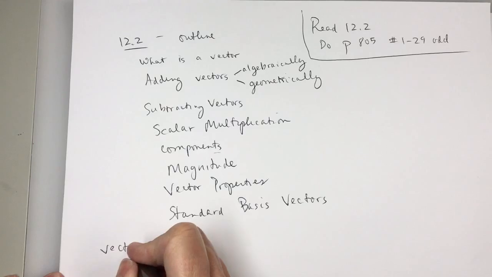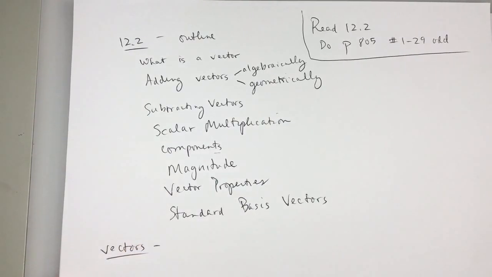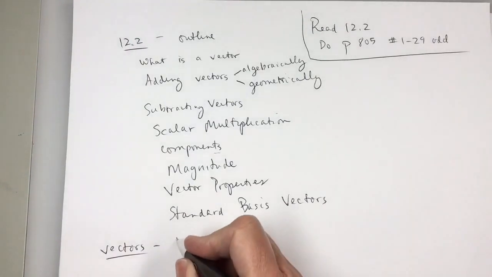Vectors, it's a quantity. It has both a force and a direction for the force. So, looking in your book to see how they've defined this, but it has vectors.